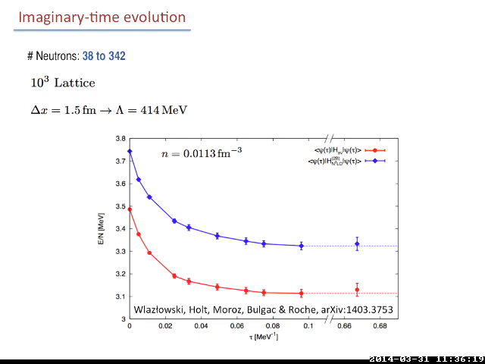Here I show what happens for the lowest density case in our calculation. This is 38 neutrons on a lattice with 1.5 Fermi spacing, which corresponds to the 414 MeV cutoff potential we derived in the beginning of the talk.